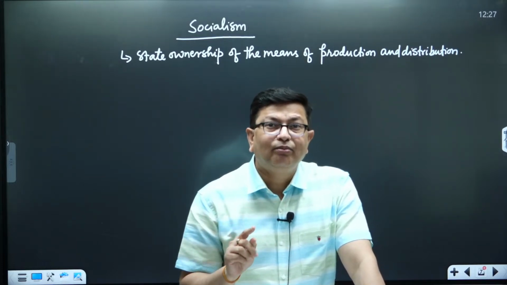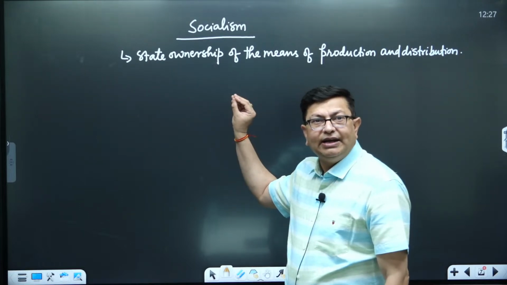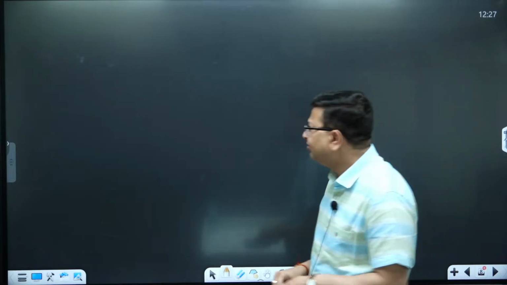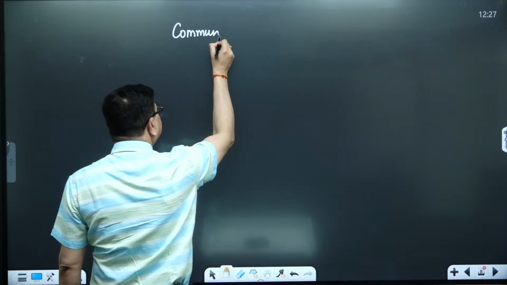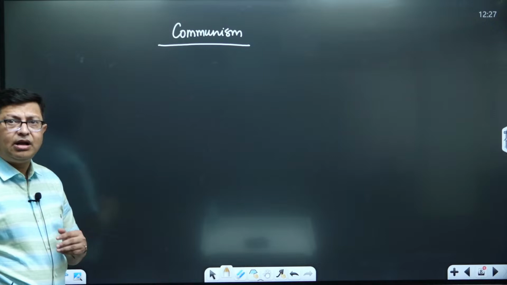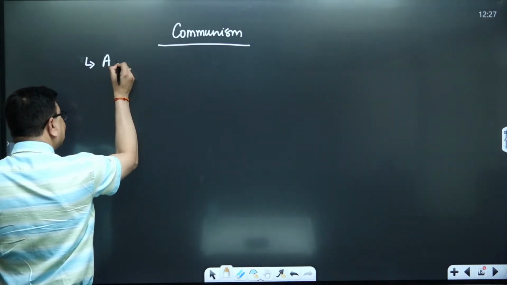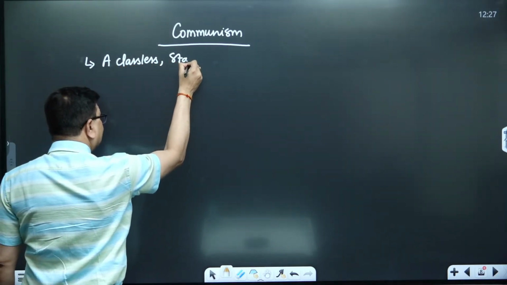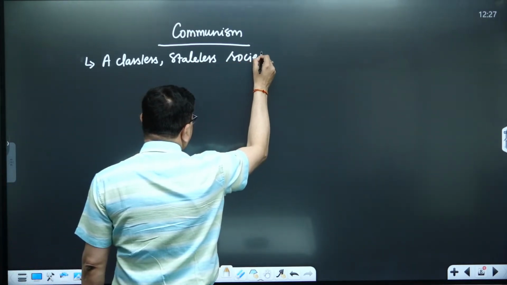That is why he said that socialism will be a transition period, it is not the end, and communism will be established gradually. Now, communism is a classless, stateless society.